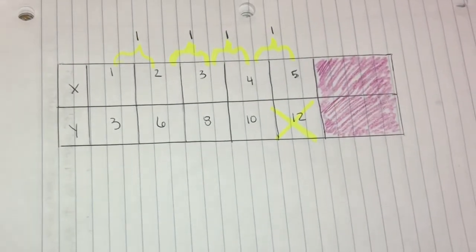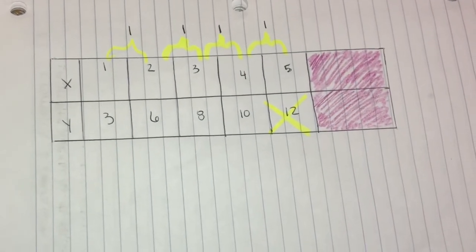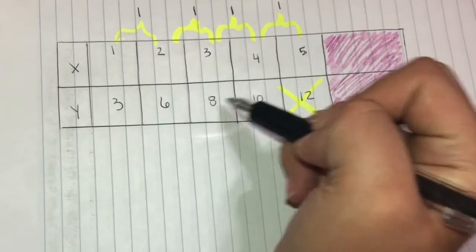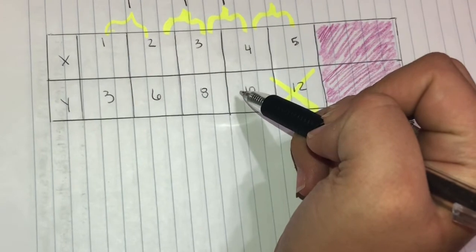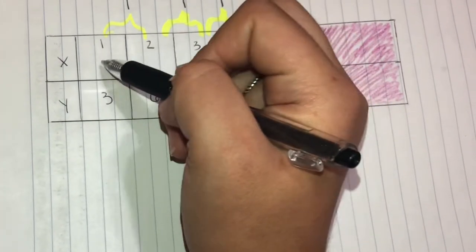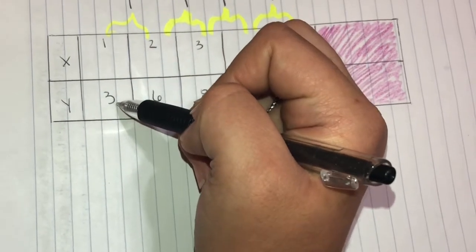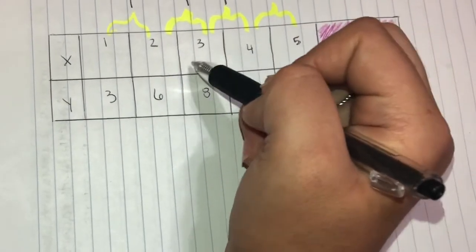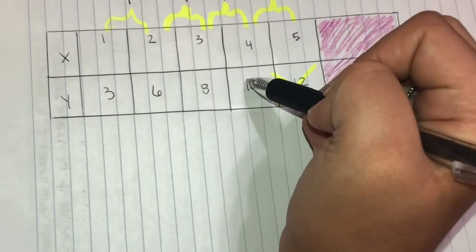After finding your difference between x values, you're going to multiply each of your remaining y values, which will be the 3, 6, 8, and 10, each by 1. So since this is a left hand, these two will go to this value, these two will go to this value, these two will go to this value, and these two will go to this value.